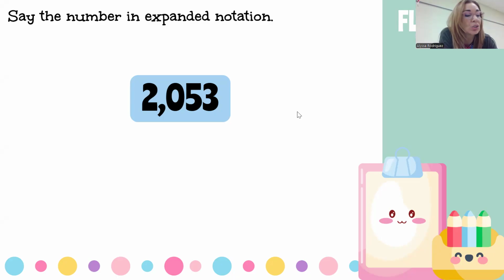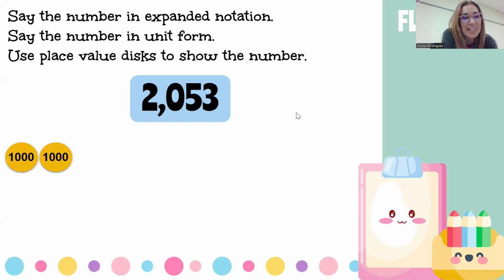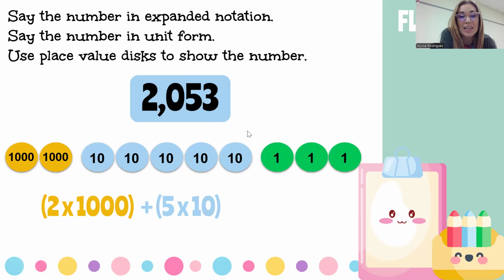And 3, 2, 1. Let's see if this was correct. We have 2 in the thousands place, 1,000, 2,000. That's how you would write it. We have nothing in the hundreds place, so we move on to our tens place, and we have 1, 2, 3, 4, 5 in the tens place. And then we have 1, 2, 3 in the ones place, so that's how you would write your expanded notation.